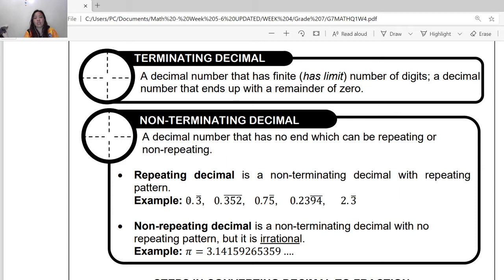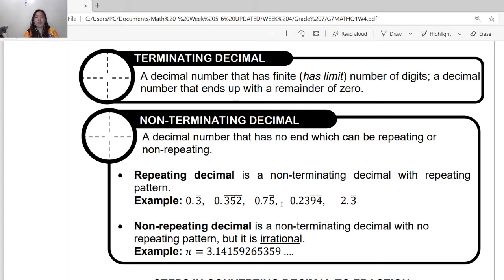That is just equal to 0.3333333 and so on. Another example is 0.352 with the bar at 352. It means that the 3 digits are repeating. So that is 0.352, 352, 352, and so on.